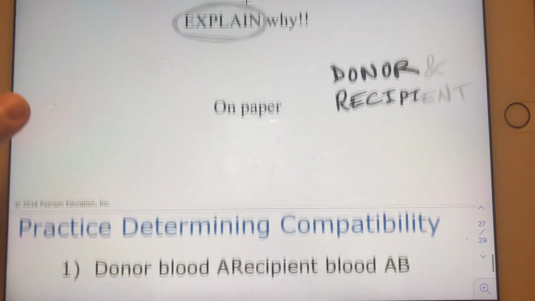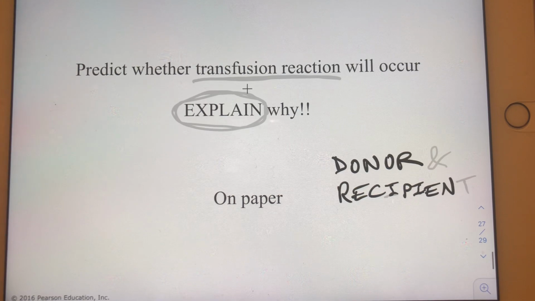And I may or may not, in terms of blood types, okay, and I may or may not tell you what the recipient's history is, okay? And not only will you have to identify whether you predict a transfusion reaction will occur, but you'll also have to be able to explain why or why not.